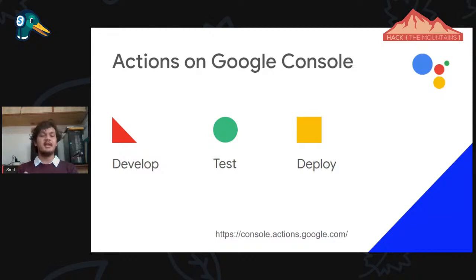You give terms and conditions and your application's privacy policy. You give multiple intents. Suppose there are two types of invocations. Suppose we made a bot for the Hack the Mountain hackathon. The invocation will be talk to Hack the Mountain hackathon, but that's a global invocation.